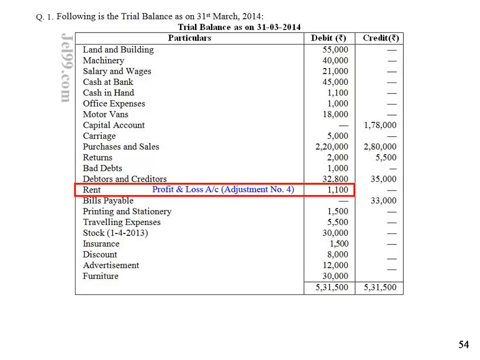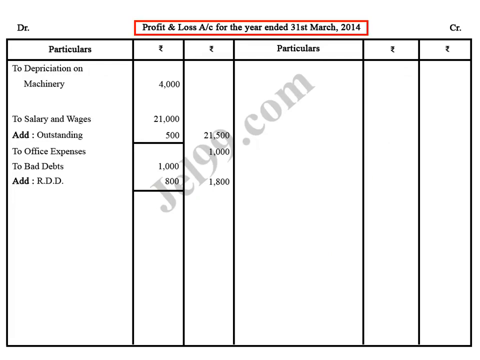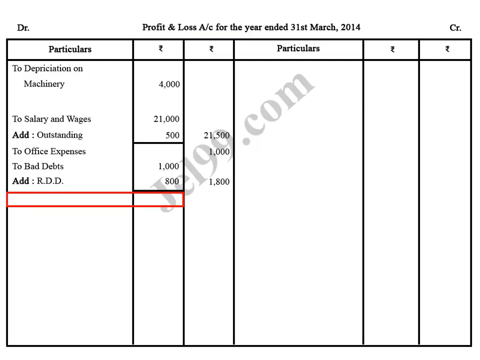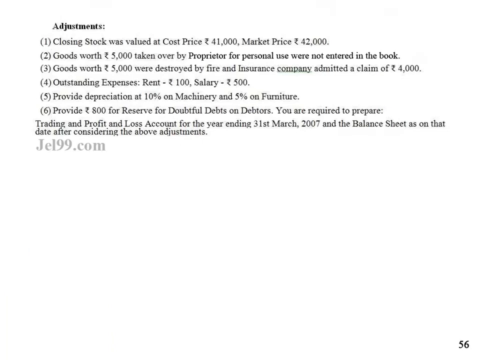Next is rent of rupees 1,100, it is shown in profit and loss account, debit side, to rent rupees 1,100, in a column because there is adjustment on rent. Adjustment number 4, outstanding expenses, rent rupees 100, it has two effects.